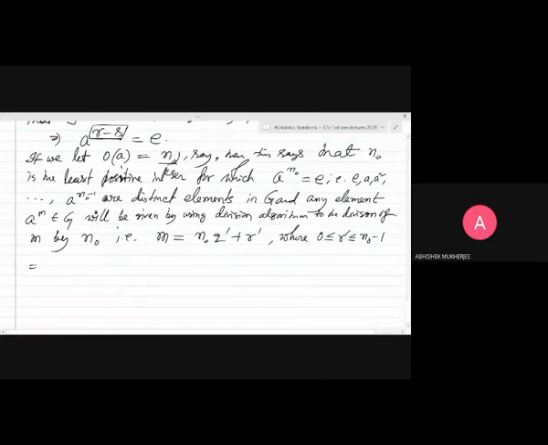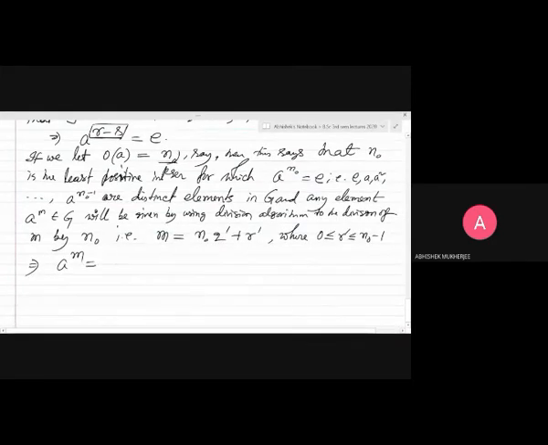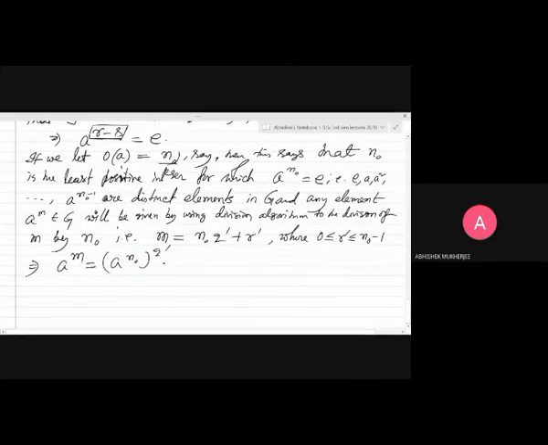So a to the power m will be (a to the power n naught) to the power q dash dot a to the power r dash, right?